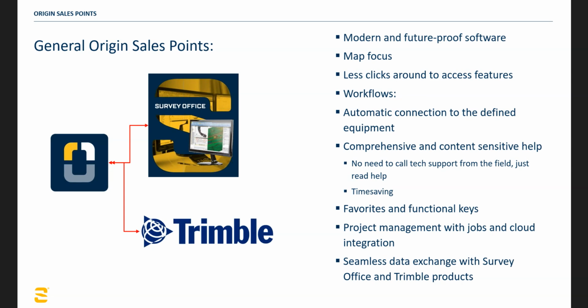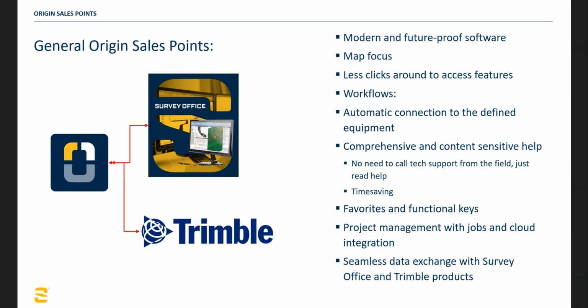Another feature is that we have a seamless data exchange with Survey Office and also other Trimble products. And that's especially, I would say, for Survey Mobile customers, that in the past there had been some things that we had to do in between to have this interoperability.